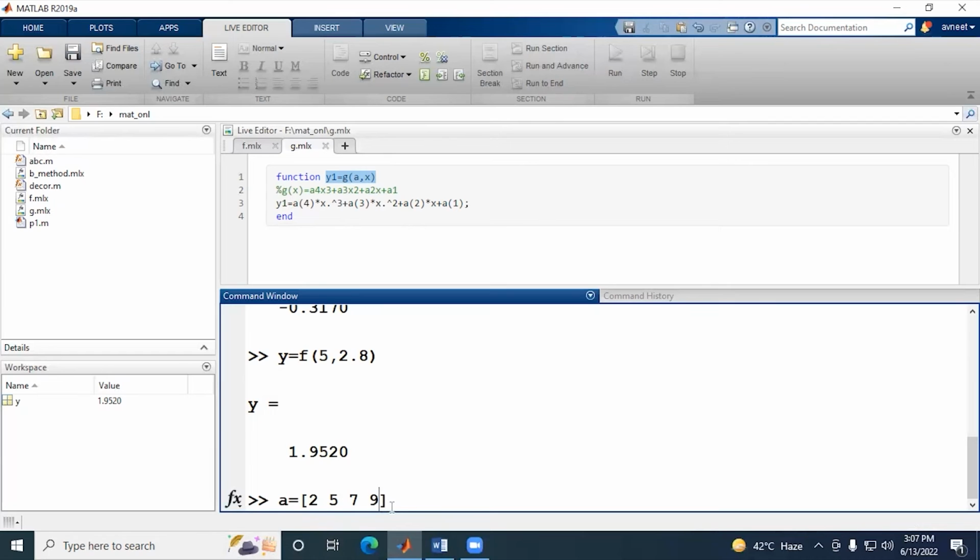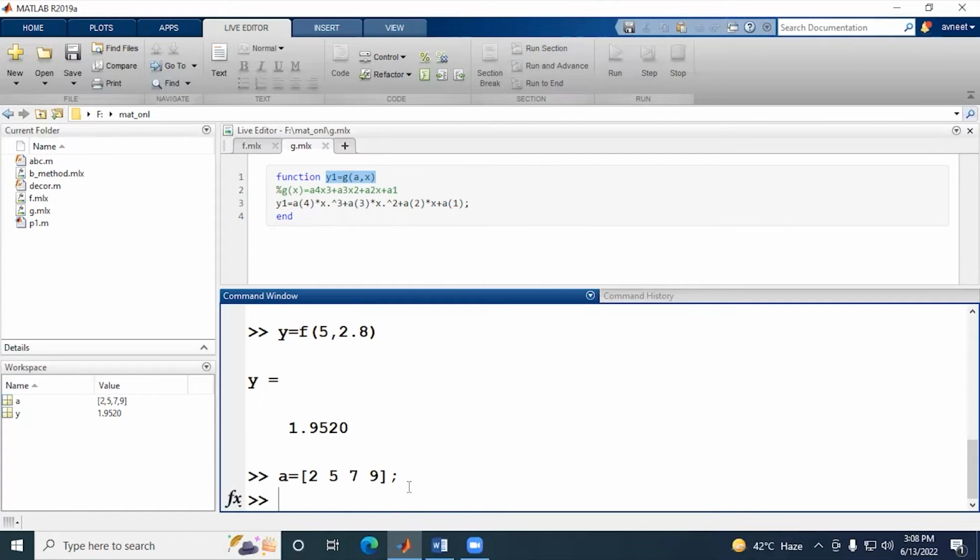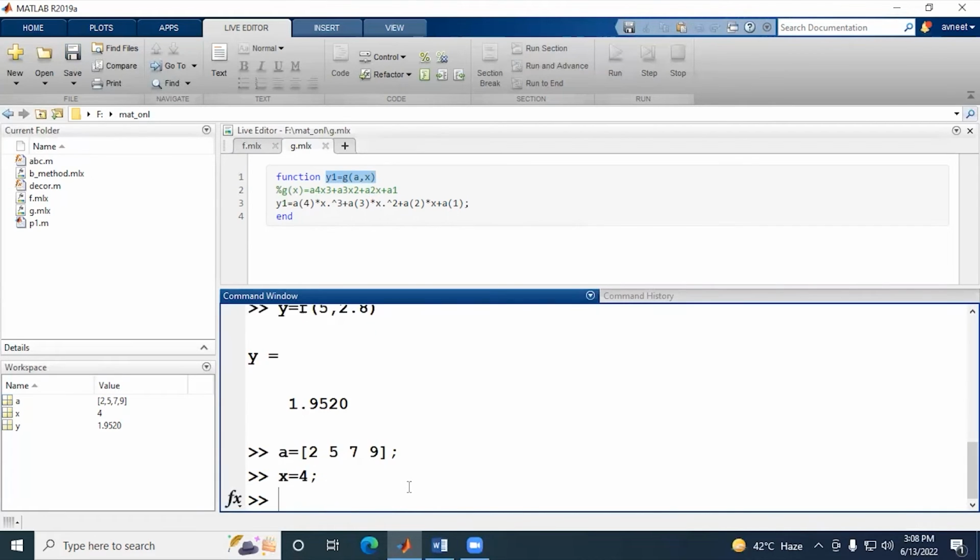So we have created a row vector of 4 elements. X is, let's say, 4. X is equals to 4. Now I'm going to call my function here, that is y1 is equals to g, a and x. Now a and x both are defined.